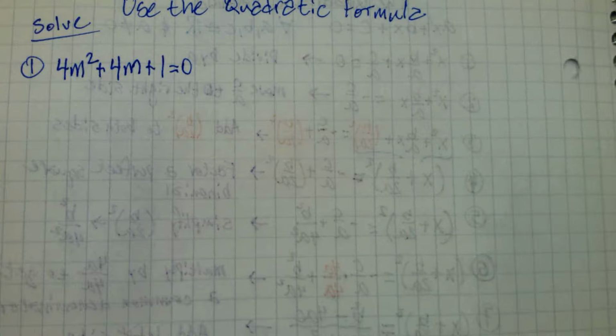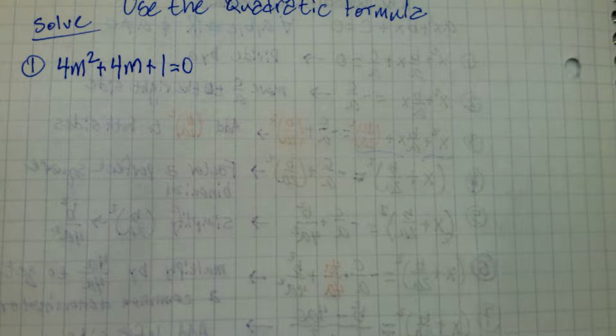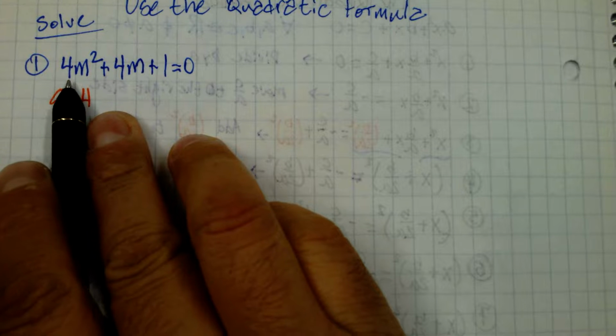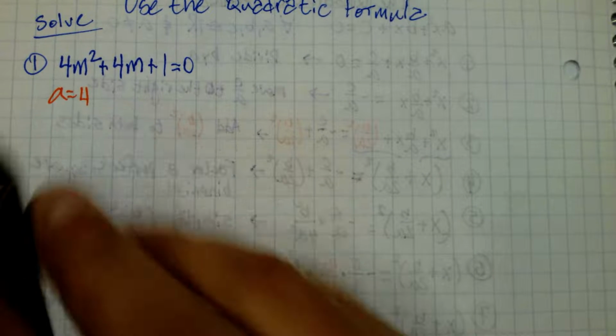Okay. So we're going to solve 4m squared plus 4m plus 1 equals 0. Okay? And the first thing we want to do is identify our a, b, and c values. Okay, so a equals 4, because remember it's a coefficient of this quadratic.